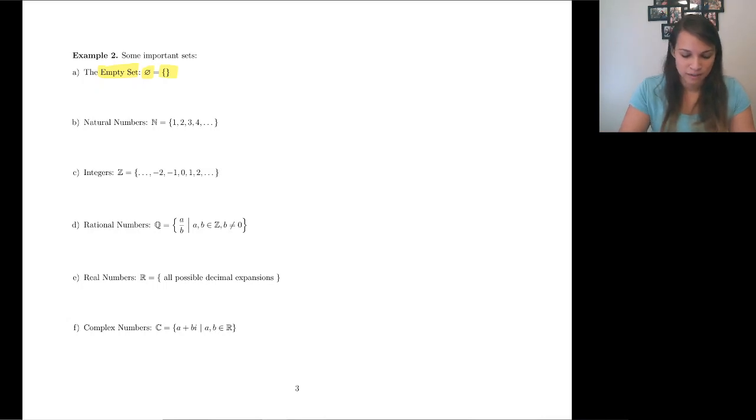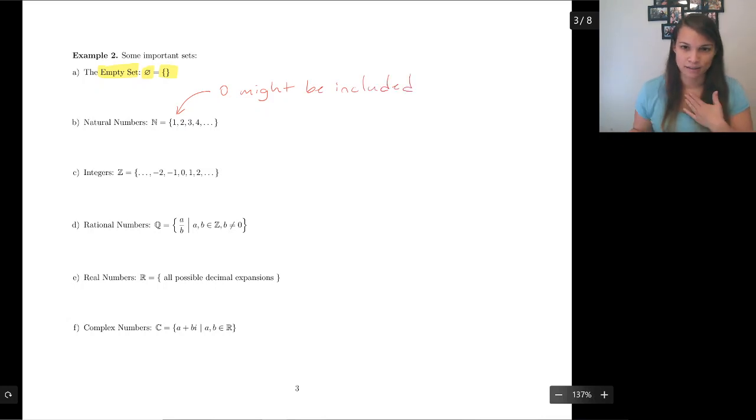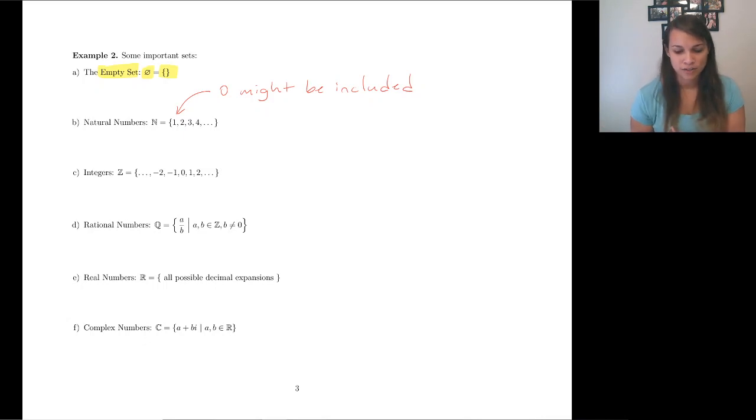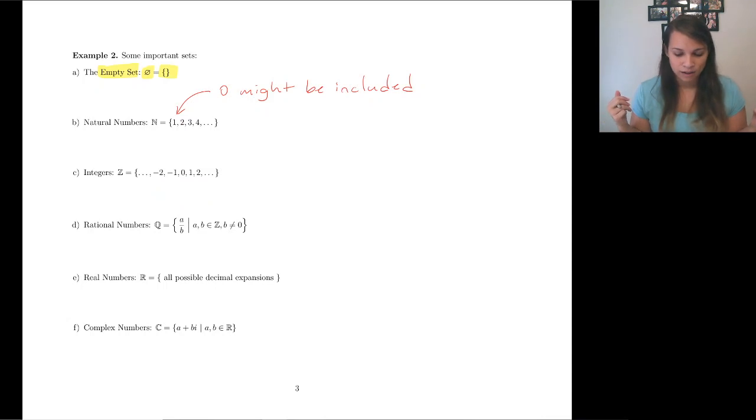Then I know we've talked about natural numbers. Depending on who you talk to, 0 might be included, but for the purposes for us, we're not including 0. And then we have integers, so that would be negative, that would be positive, 0 definitely included, and it's all the whole numbers, nothing like 1.5 in there.